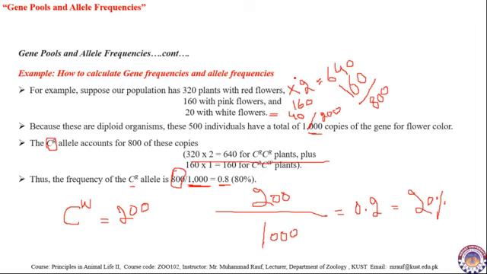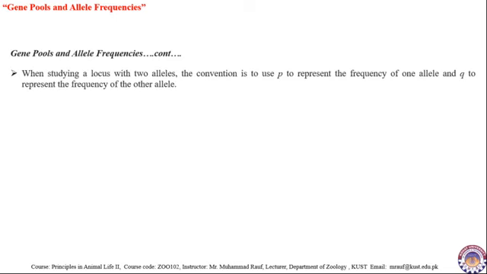Now, when studying a locus with two alleles, the convention is to use P to represent the frequency of one allele and Q to represent the frequency of the other allele.